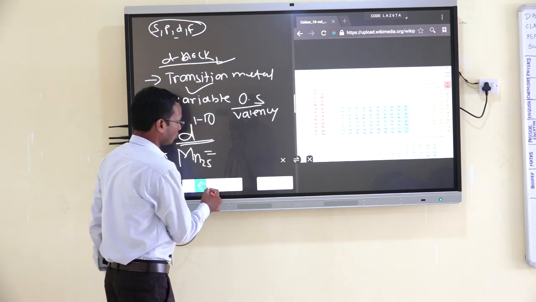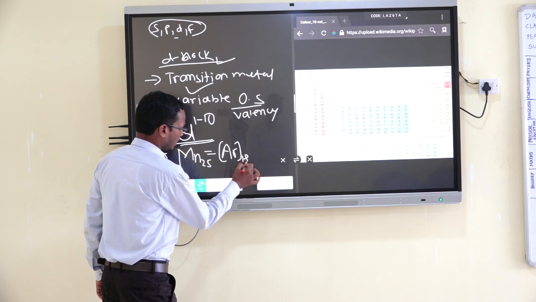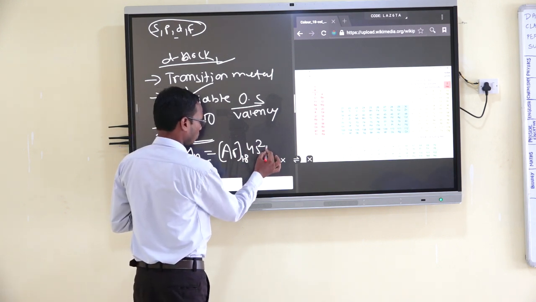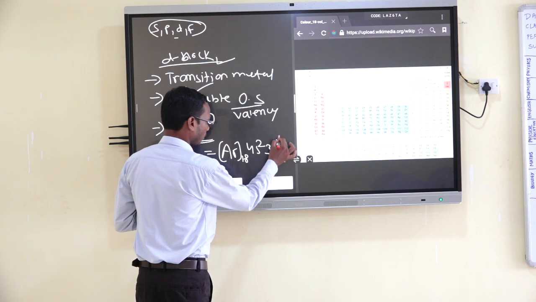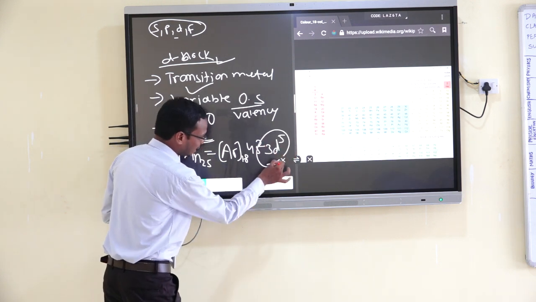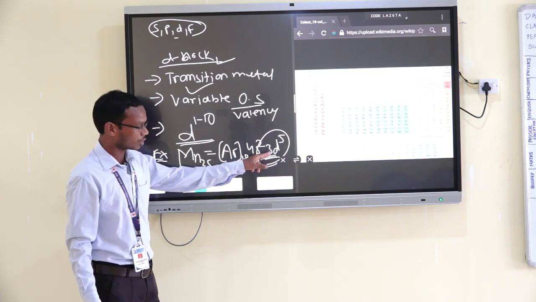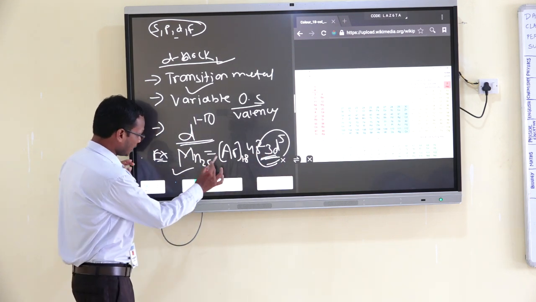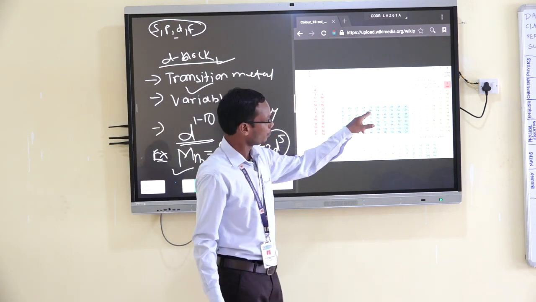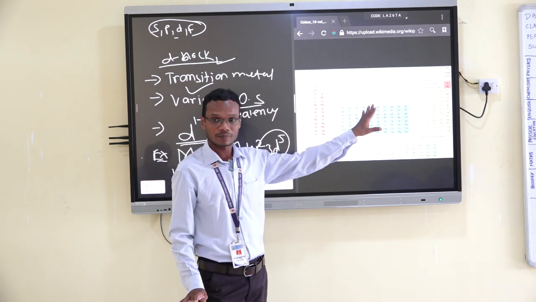Then the electronic configuration will be argon 18, then 4s2 3d5. So the last configuration is in 3d. Since the last configuration is D, manganese belongs to the D block. Manganese, Mn. This is the D block. All of you clear?